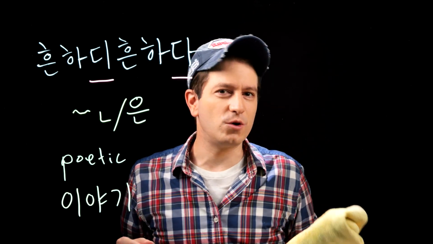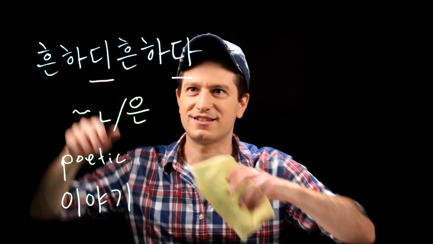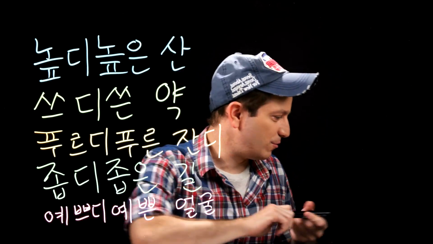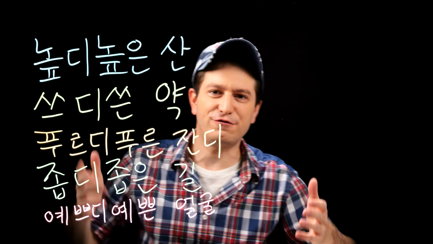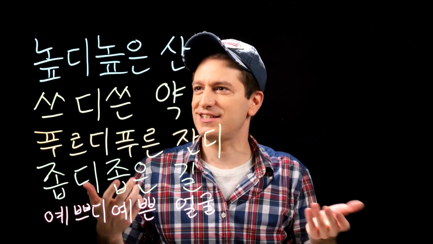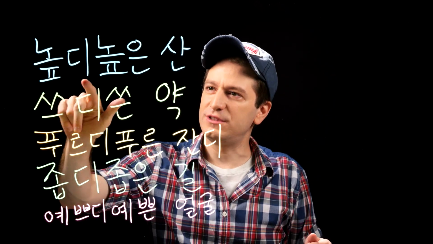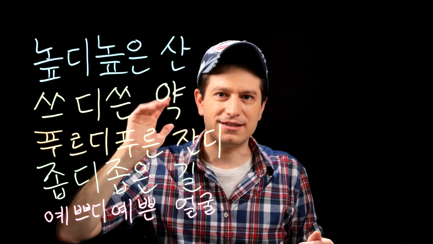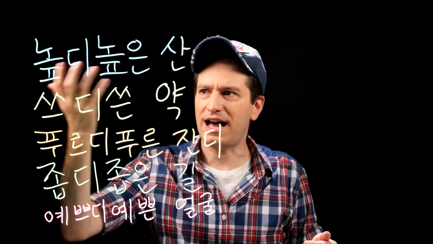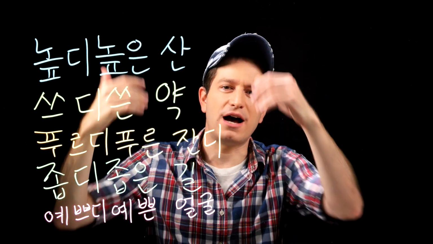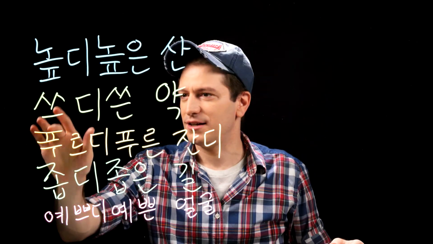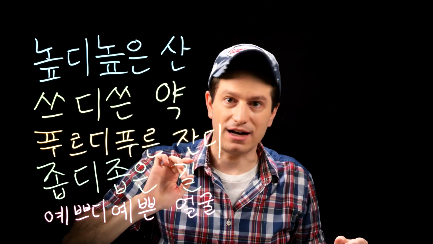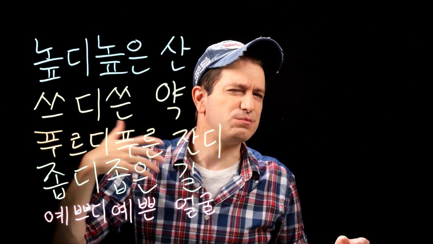So let me give you a few more common examples of where you'll see this. I kind of ran out of space at the end, but here we have 5 more examples of this same form. 높디높은 산. This is from the verb 높다, to be high. So the ever so high mountain, the oh so high mountain. 쓰디쓴 약. Now, 쓰다 means to be bitter.